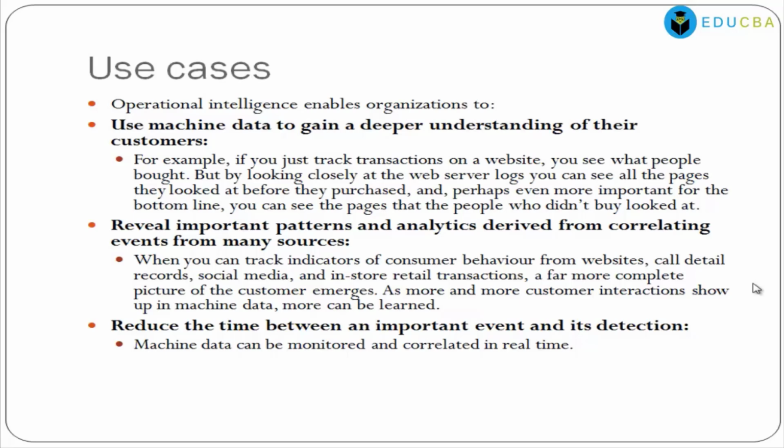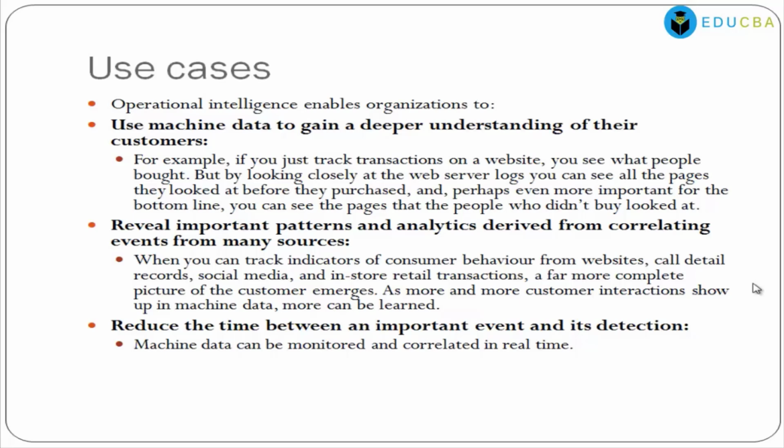But by looking closely at web server logs, you can see all the pages that people looked at before they purchased. And perhaps you can even see what pages people looked at but did not buy. So we can understand much more information about the viewers, and that can really help us develop our business.